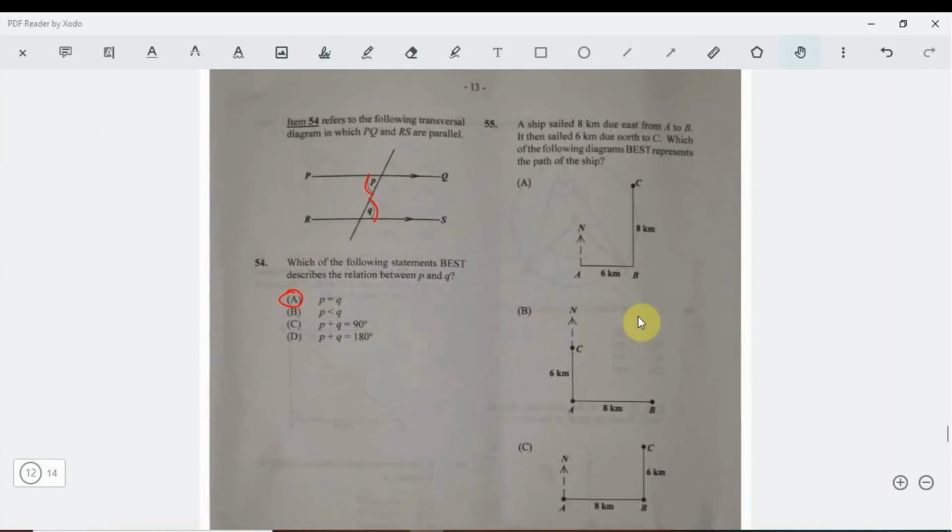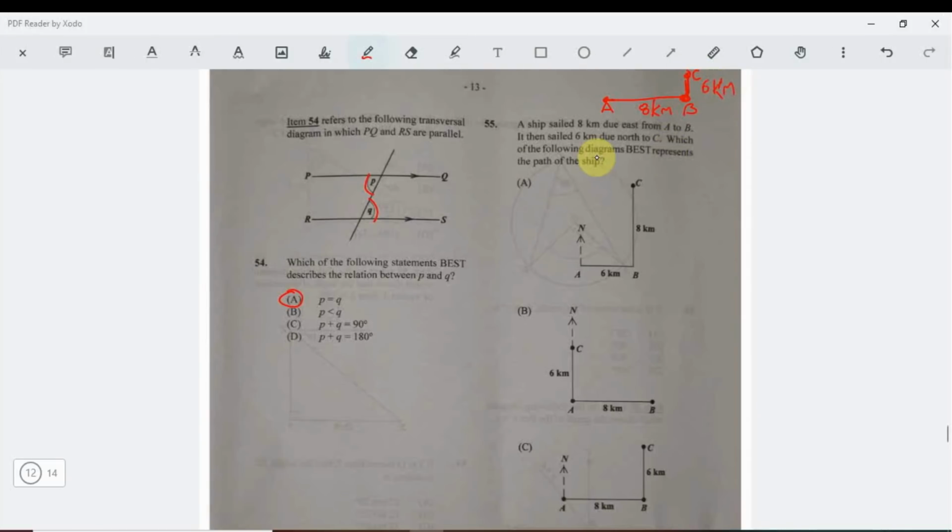Question 55. It says a ship sailed 8 kilometers due east from A. So if this is A, we're going to sail 8 kilometers east, to some point B. And then it says, it then sails 6 kilometers due north. So we're going up now, and it is 6 kilometers.